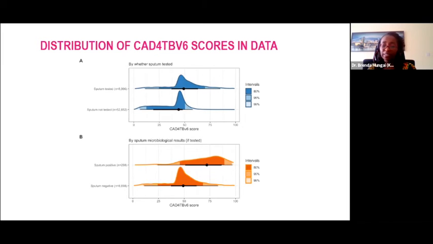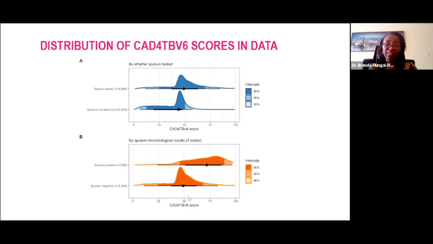Those that were sputum negative had a median score of about 49, ranging from about 8 to 79, but clearly most of them were below 50.